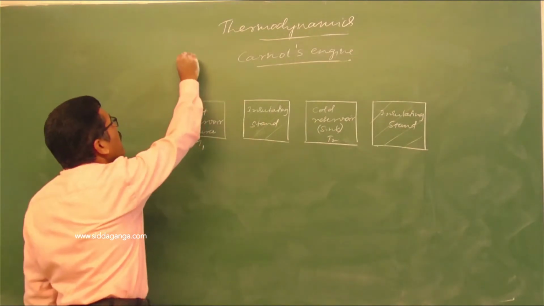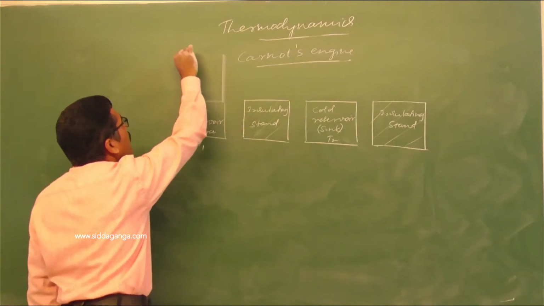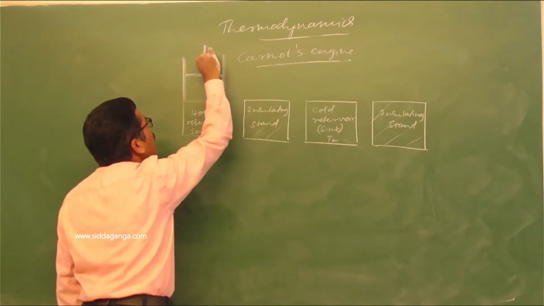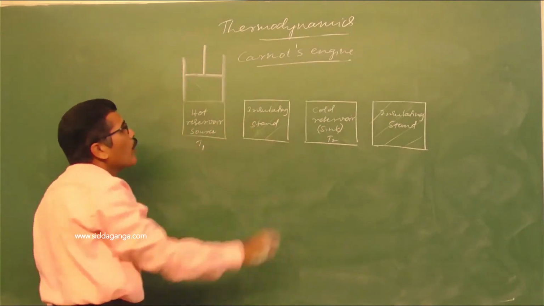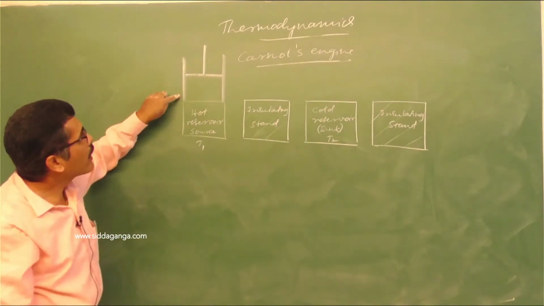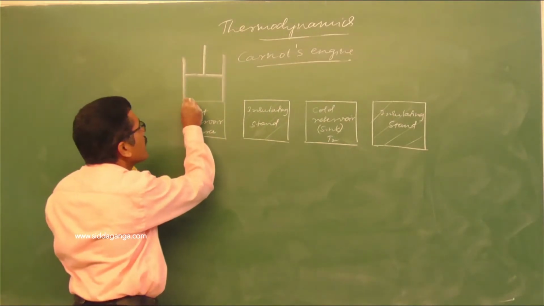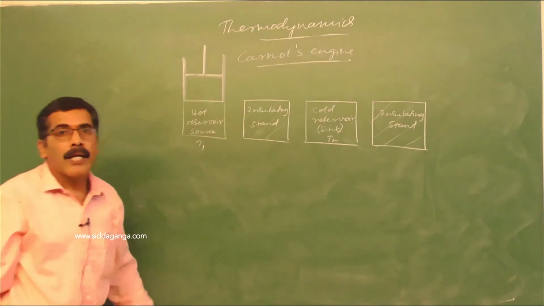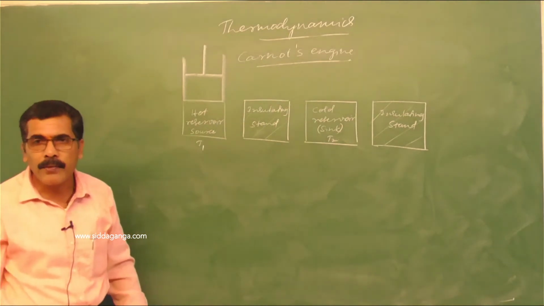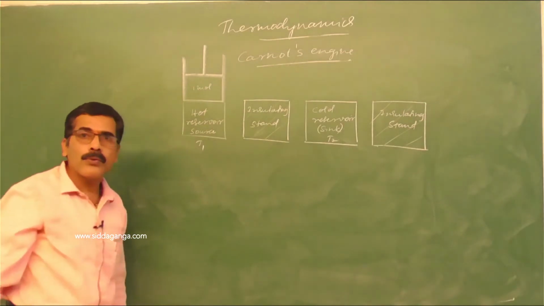First, let us take a cylinder fitted with non-conducting walls but a conducting base, and then there is a smooth movable non-conducting piston. The base is perfectly conducting, remember, and the piston is non-conducting but it can move smoothly without any friction. Let us take 1 mole of gas enclosed in this cylinder.